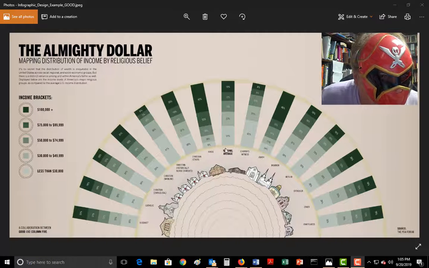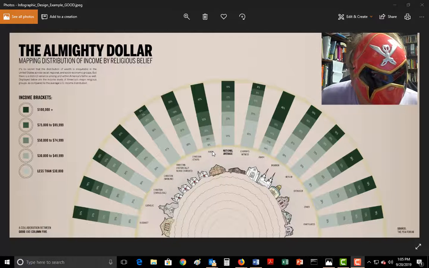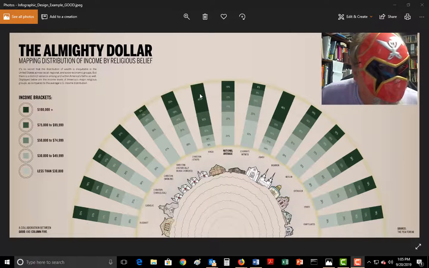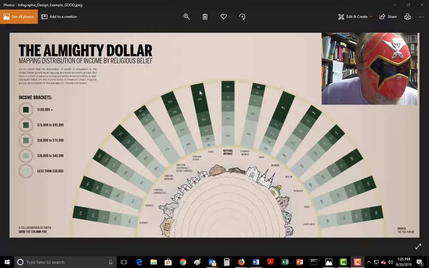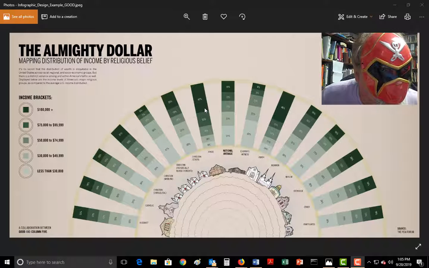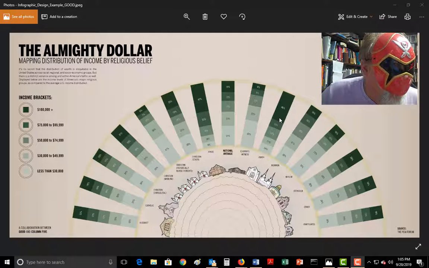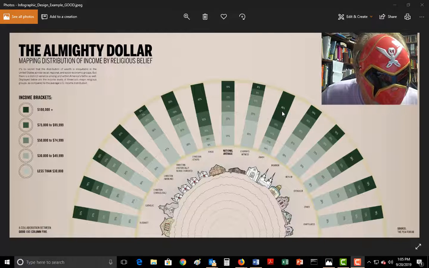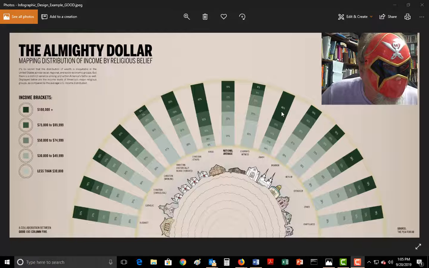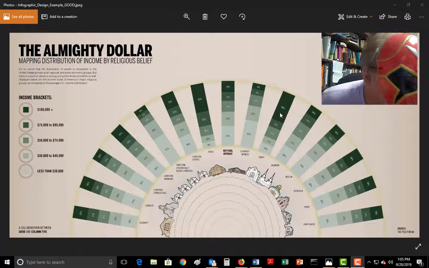So if we see here, this is Hindus, and these are Jewish people, and the percentages of people belonging to those religions are in the 40s in terms of incomes of $100,000 or greater. So we find out that Hindus and the Jewish people tend to be the most wealthy.